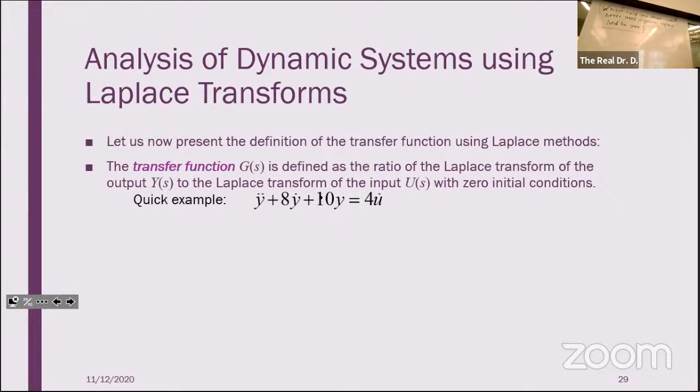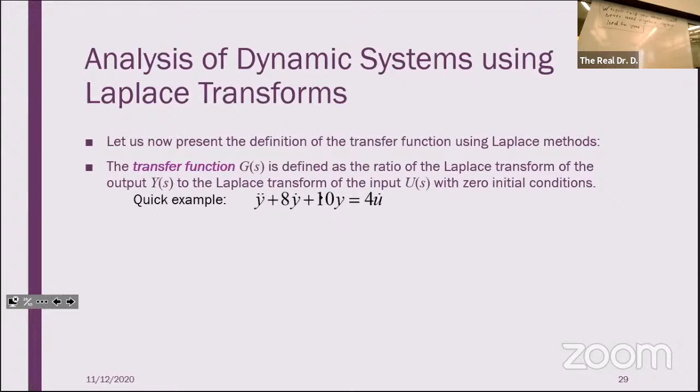I want you to hear this right now. Before, when we were told that we had a step input, we took the Laplace transform of it. If you are finding the transfer function, do not take the actual Laplace transform of u of t. Leave it as u of s. And I'll show you why right now.